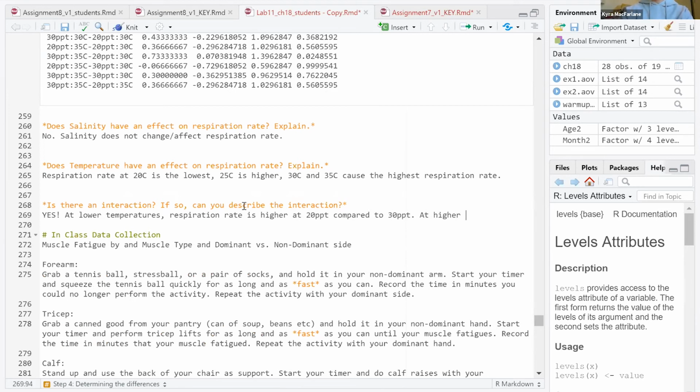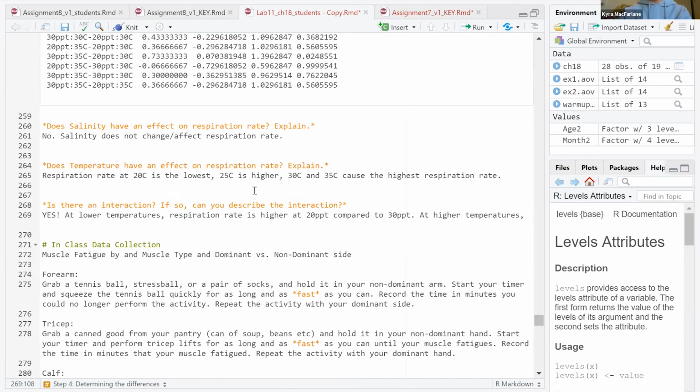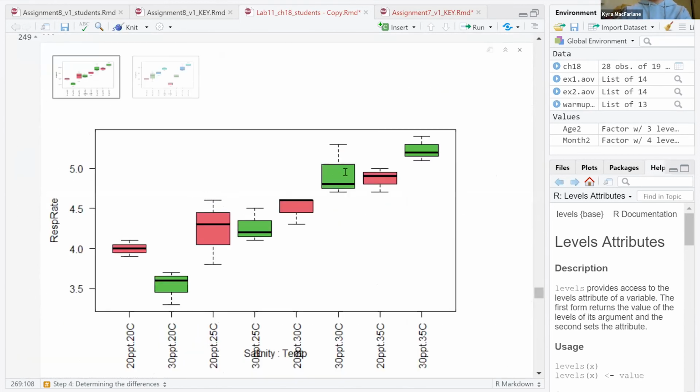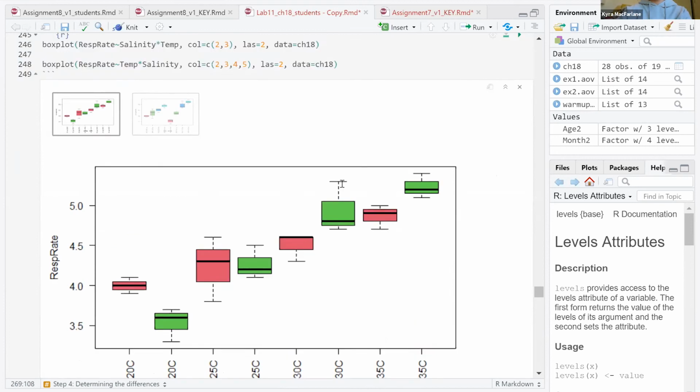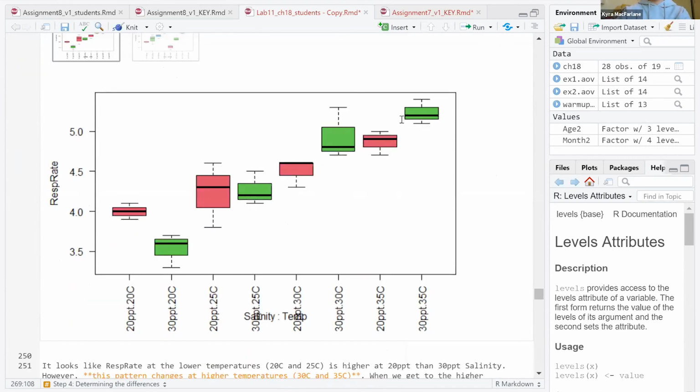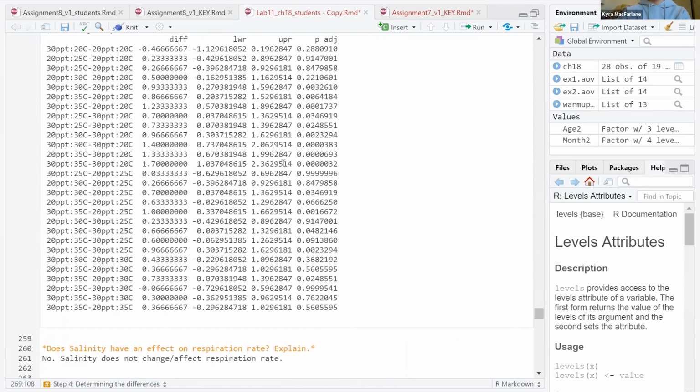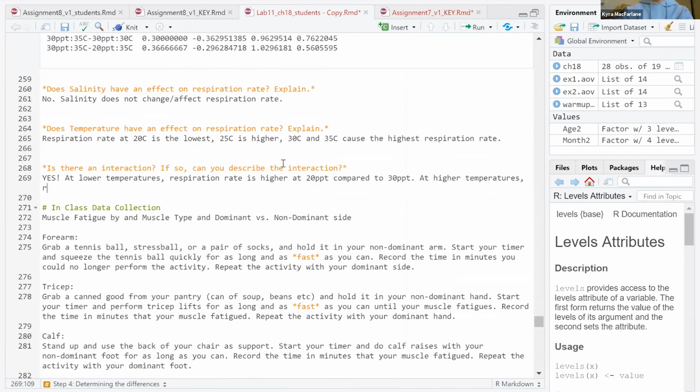At higher temperatures, 30 parts per thousand has a higher respiration rate than at 20 parts per thousand. So at higher temperatures, respiration rate is higher at 30 parts per thousand compared to 20 parts per thousand.